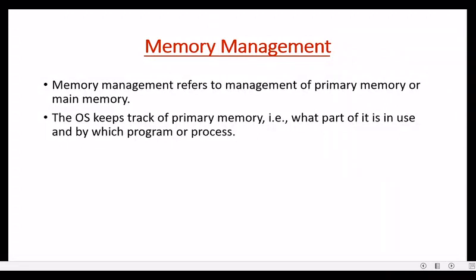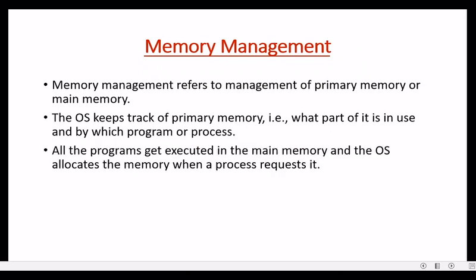Suppose you are going to open two or three applications: Paintbrush, Notepad, WordPad, MS Word, and Photoshop. Now it depends on the operating system what part of memory will be given to Paintbrush, what part will be given to MS Word, and what part will be given to Adobe Photoshop.